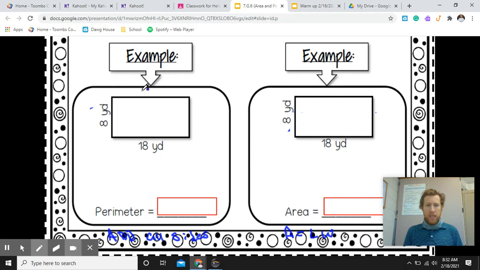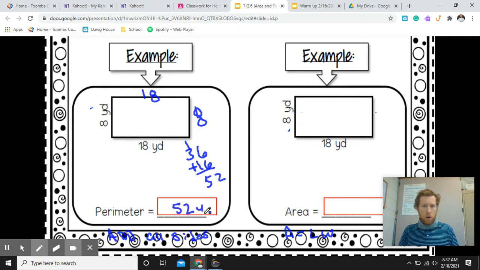However, we know it is the exact same distance. So this is 18. This is 8. And so when we add those numbers up, we get 36 plus 16, and our grand total would be 52.